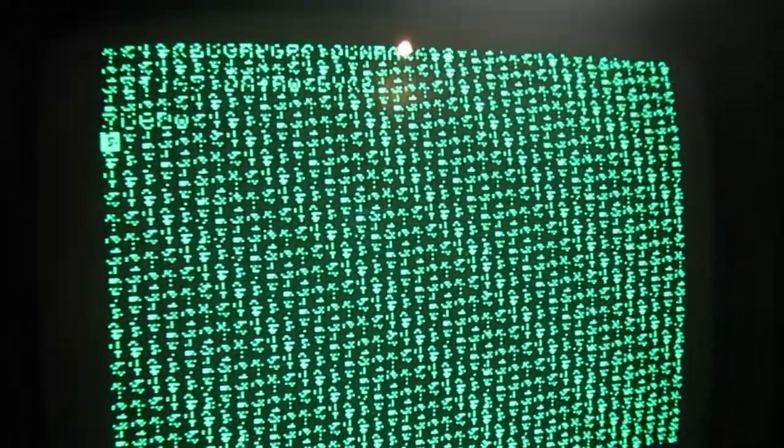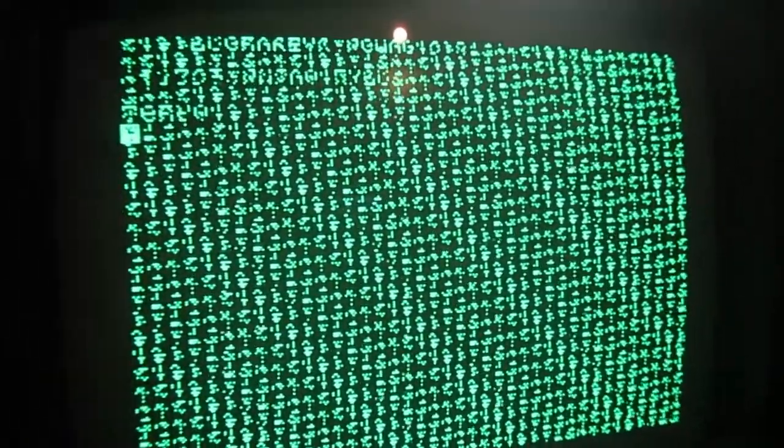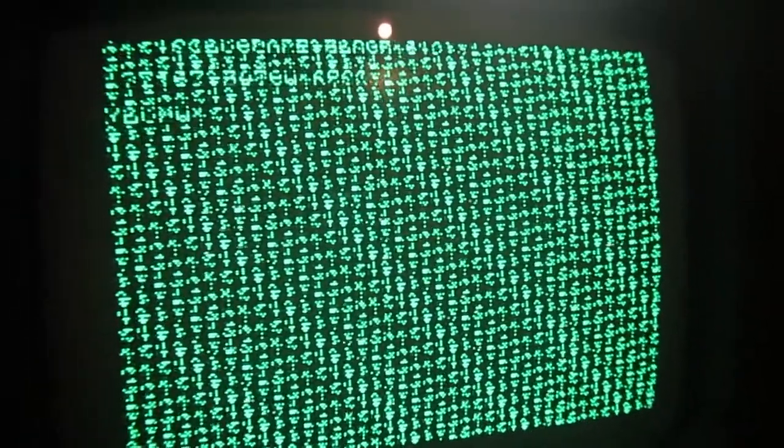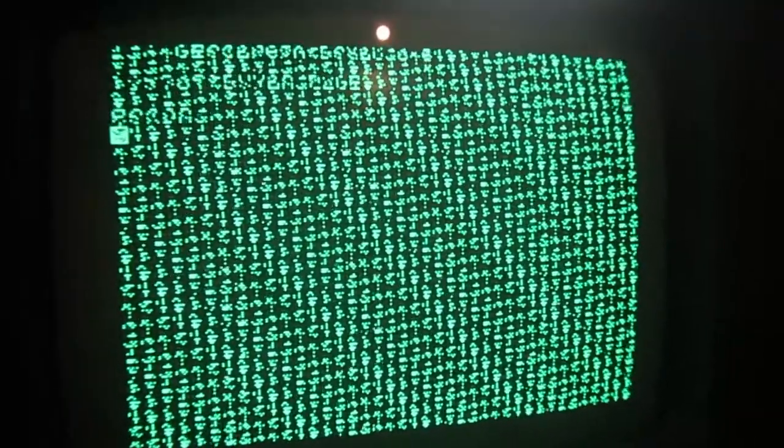Another very interesting thing is that if we quickly turn the power off then on again, so the CRT is still hot, we can see the screen, the uninitialized video RAM before it gets cleared by the starting code in the BASIC and kernel ROMs.